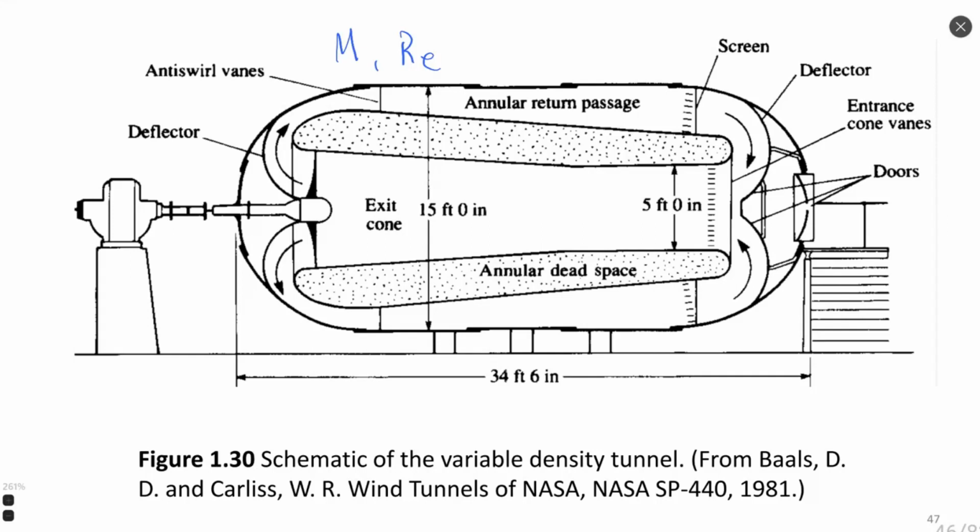For example, for big and small model, we keep Mach number for one test, and for another test, we keep Reynolds number. It requires a much less expensive wind tunnel and can reduce total cost of development of aerospace structure.